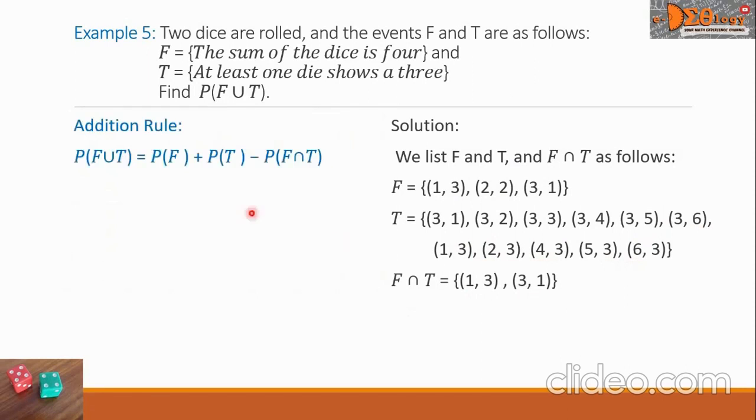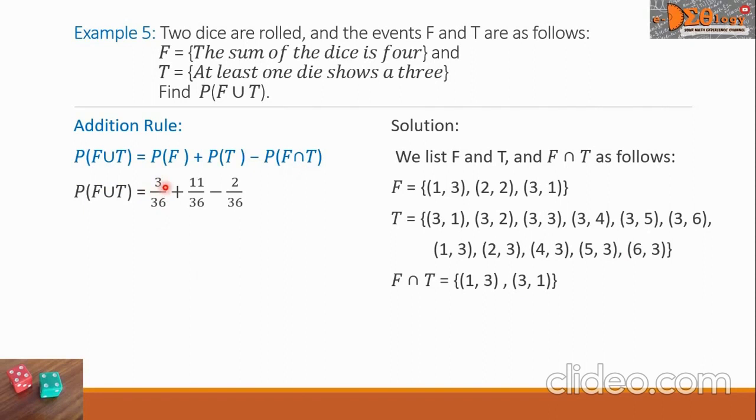Then, let us write the addition rule. So, P of F union T equals P of F plus P of T minus P of F intersect T. So let us do the substitution. P of F will be 3 over 36.